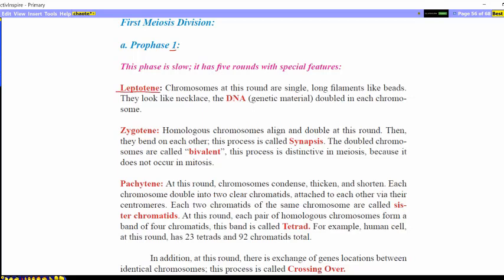In the first phase, leptotene, like an early prophase, chromosomes at this stage are single. Single means, you remember we said there are homologous chromosomes, single means they are far away from one another. They don't make pairs yet.